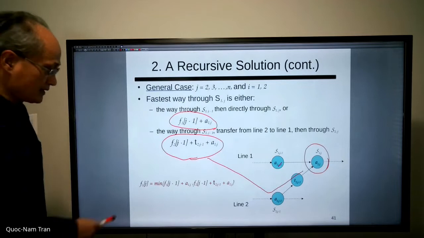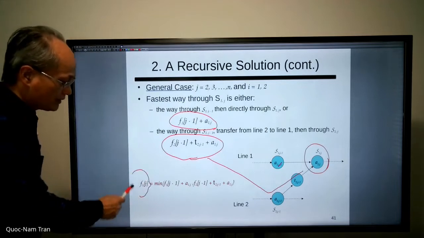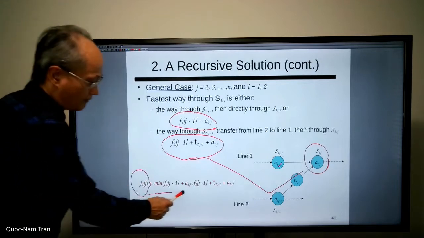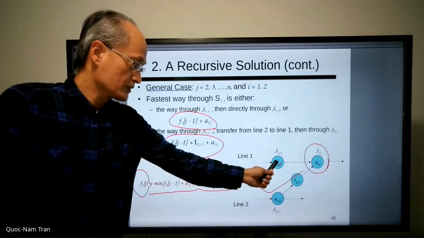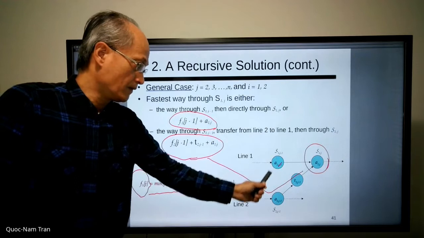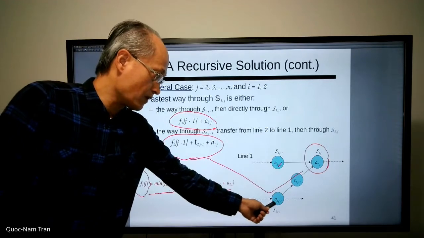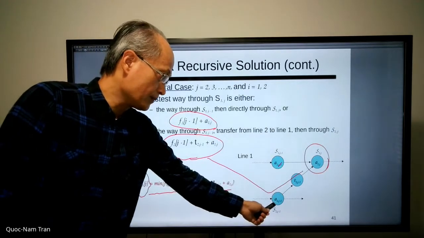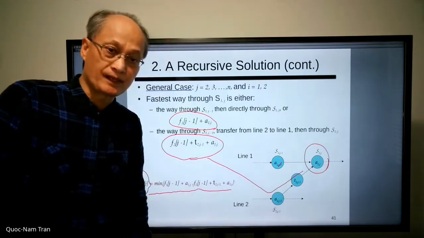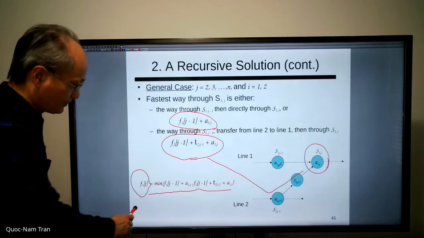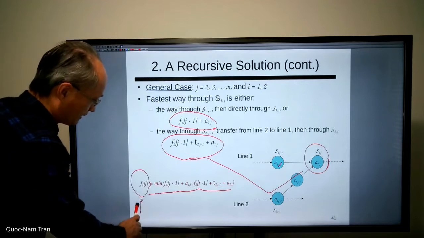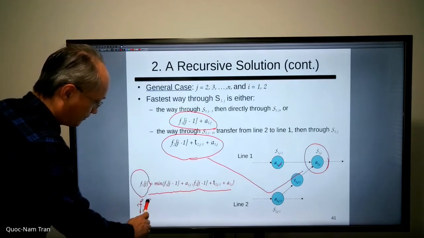So that said, here we have F1j is the min of reaching the previous station or reaching the previous station on the other assembly line plus the extra cost. And this one is for F1. Same thing for F2, right? F2j will be calculated in the same manner.